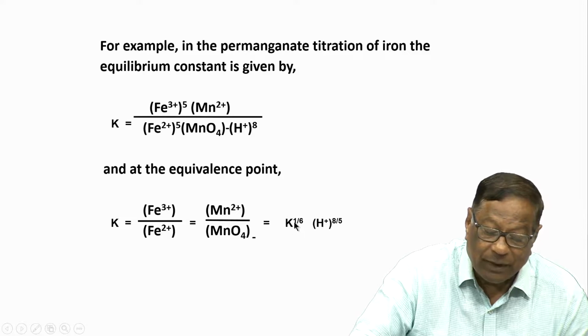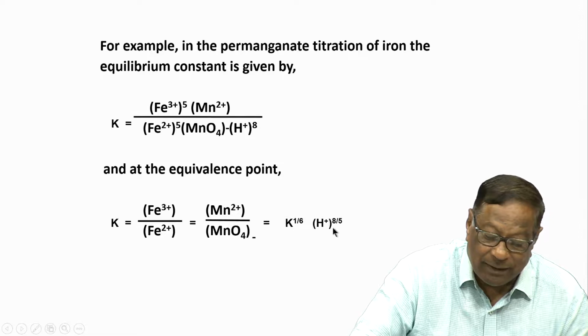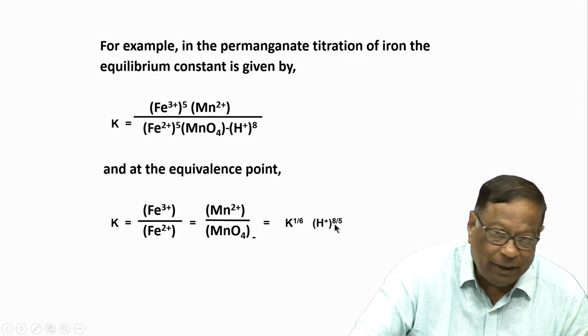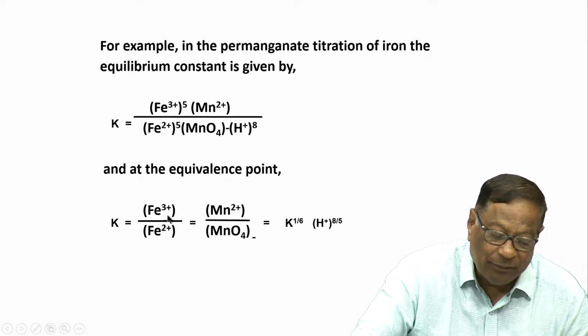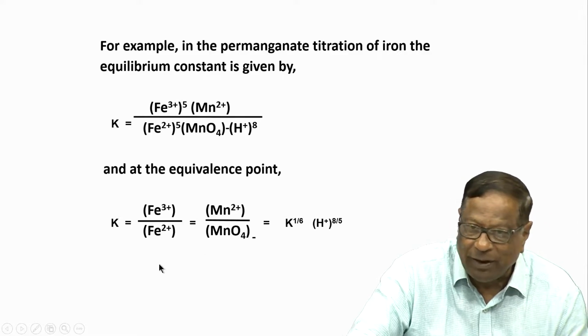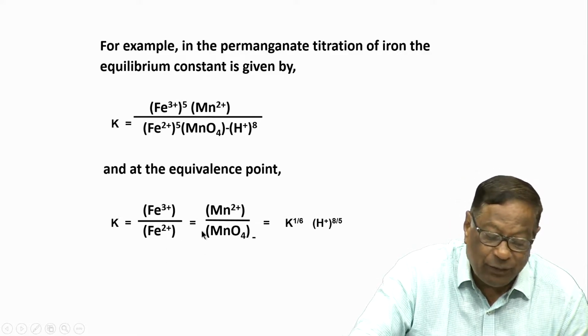So, K raised to 1 by 6 into H+ raised to 8, that is the chemical reaction, and then it is a 5 electron system, so divided by 5, 8 by 5. So, take the equilibrium constant K, take 1/6 and then multiply it by H+ raised to 8 by 5, and you will get the ratio of ferric to ferrous.